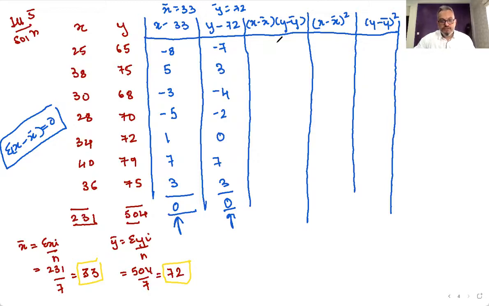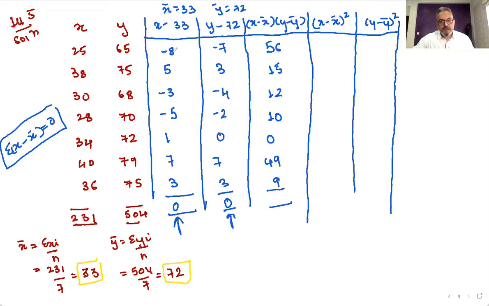Now the multiplication of both. Be careful about the signs over here, students. Be careful. Now say 8 sevens are 56. 5 threes are 15. 56 positive because negative into negative is positive. 4 threes are 12. 5 twos are 10. 0, 49, and 3 threes are 9. You have to do the total on your own.